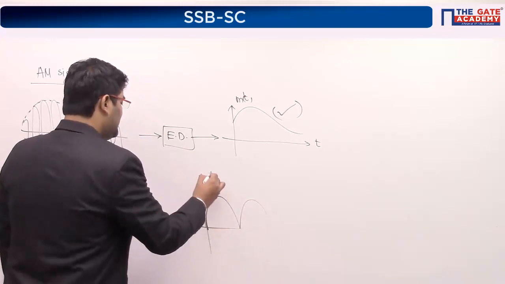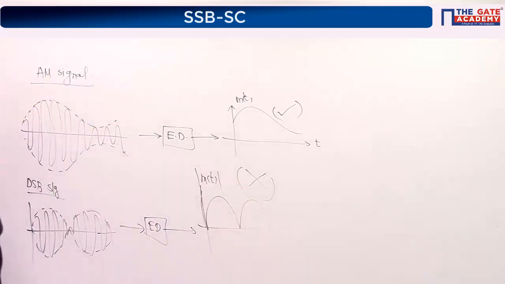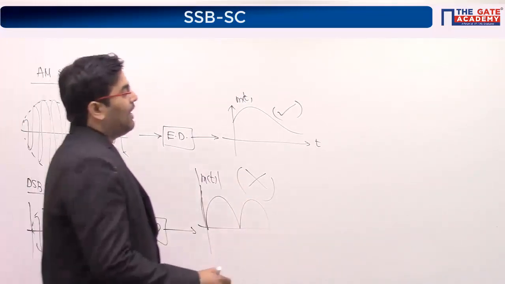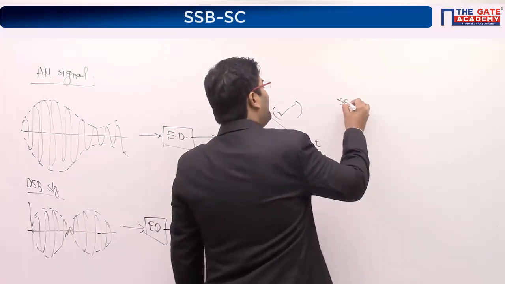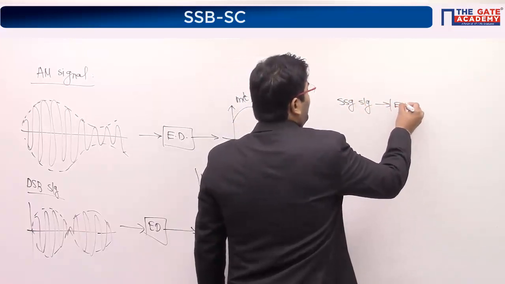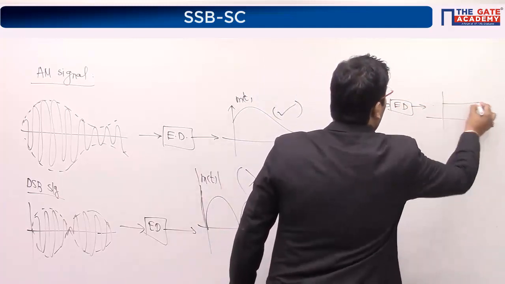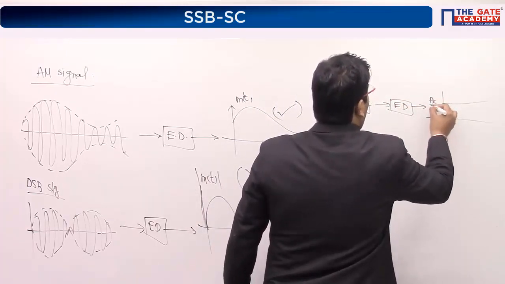So this is mod of m(t). So we don't want that, right? And the last thing we did, if we give an SSB signal to the envelope detector, what is the output you got? A constant line. Ac by 2.